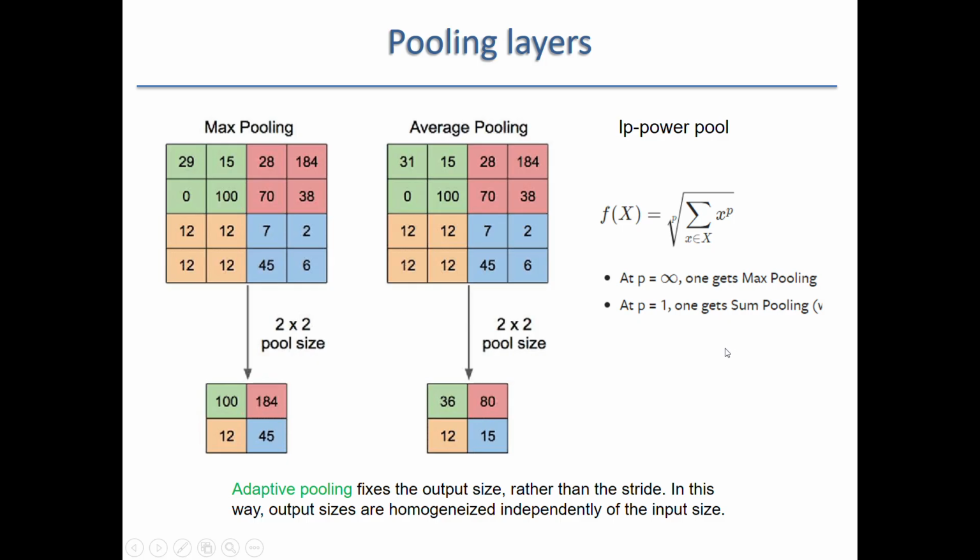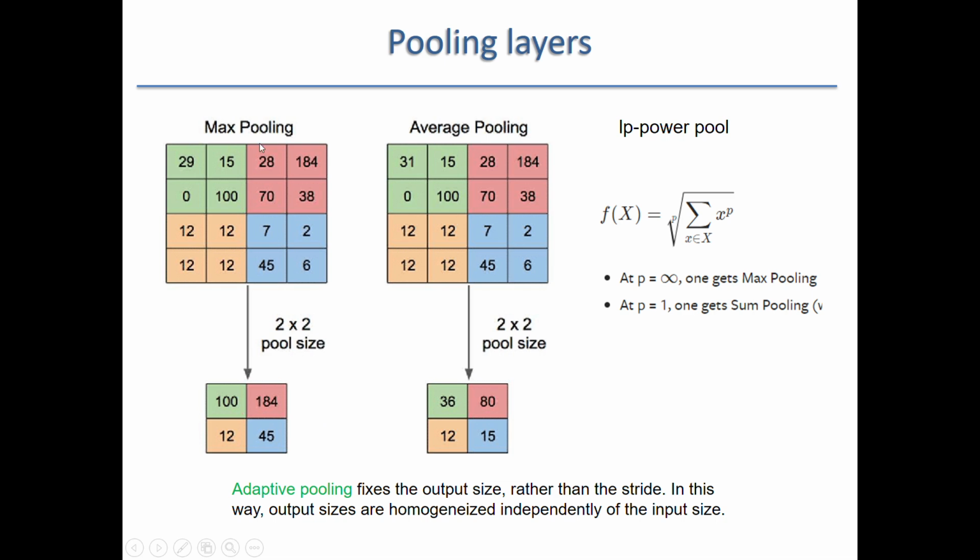Next layers that we will see are these pooling layers. So with pooling layers, you have an input tensor, let's say, and then you have to say what is the pool size. So let's say that our input tensors are two-dimensional tensors and our pool size is 2 times 2. So that means we will divide the input tensor into groups of 2 times 2.